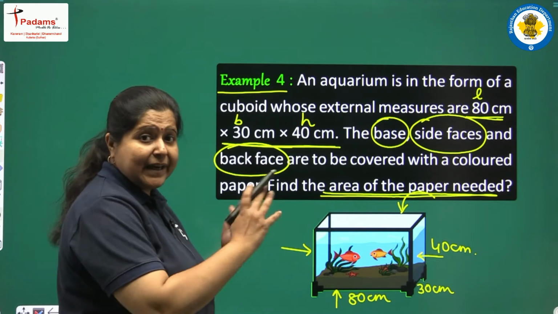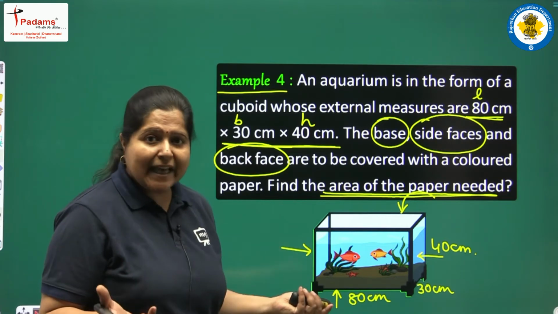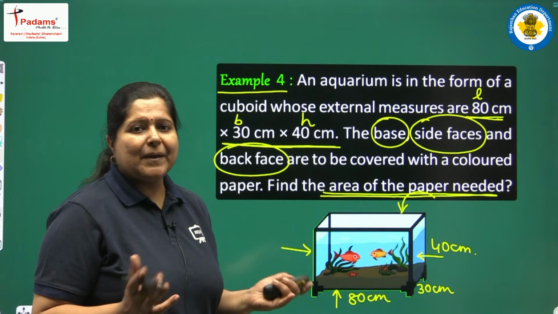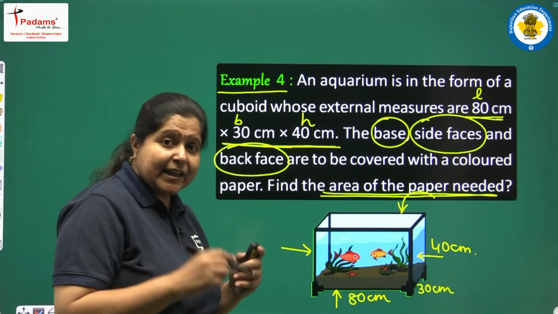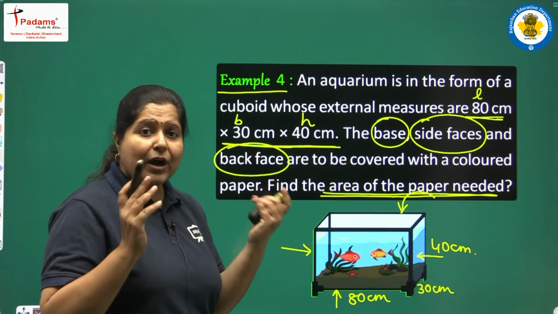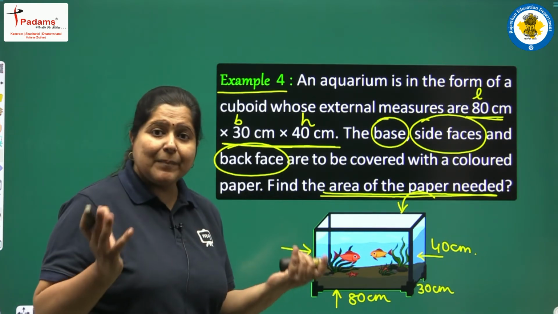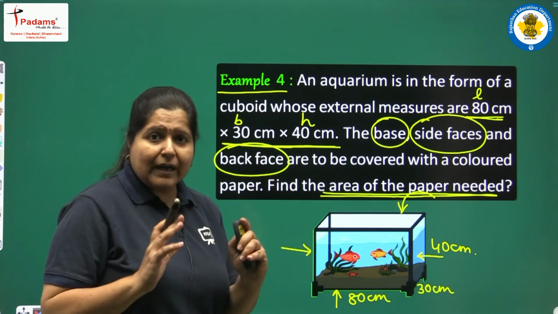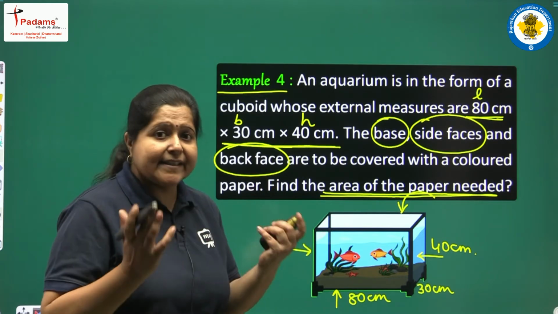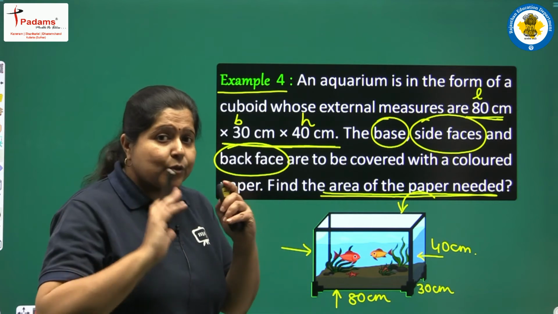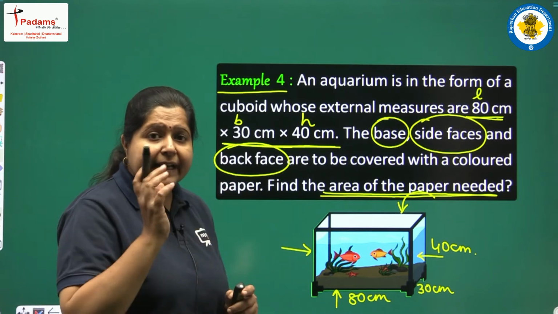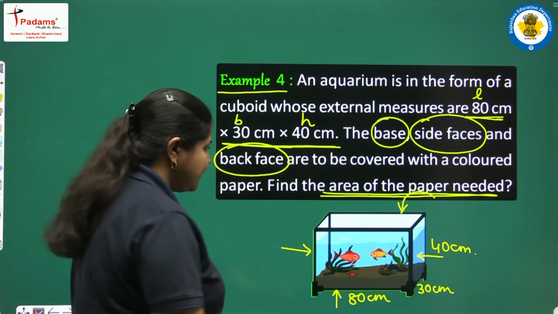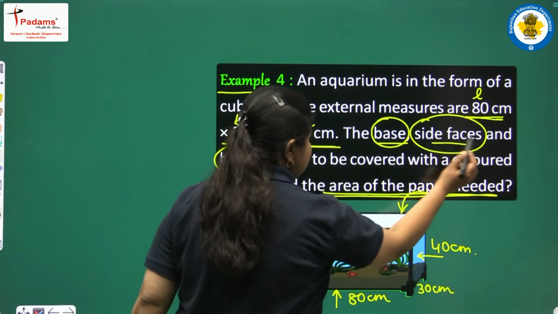अब जितने फेस बड़े होंगे उतना ही पेपर ज़्यादा चाहिए, फेस छोटे होंगे तो पेपर कम चाहिए. अब यहाँ पर एग्जैक्टली बात करें तो जितना एरिया होगा फेसेस का उतना ही हमें पेपर चाहिए. अगर फेसेस का एरिया कम होगा तो पेपर कम चाहिए, फेसेस का एरिया ज़्यादा होगा तो पेपर ज़्यादा चाहिए. तो पेपर का जो एरिया फाइंड आउट करना है, it depends on the area of these faces जिनको हमें कवर करना है.